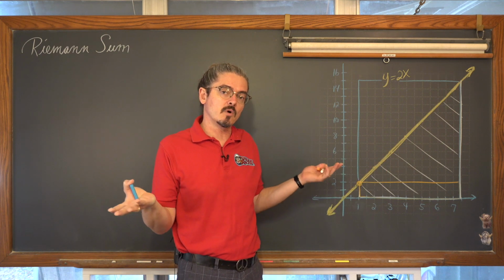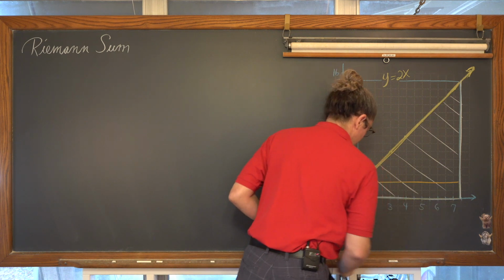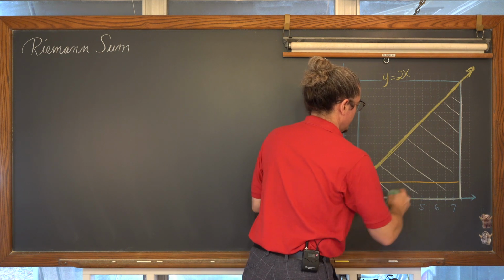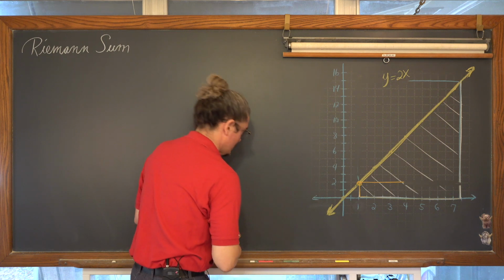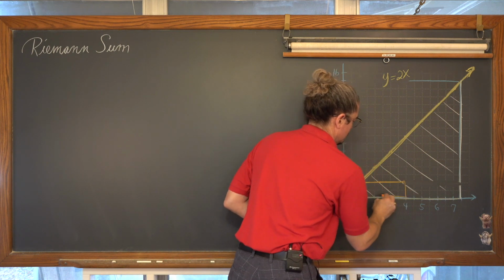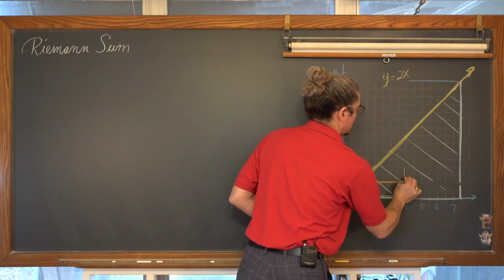So maybe instead of using one rectangle, we use two. The distance between 1 and 7 is 6, and if we divide 6 by 2, we get a distance of 3. So maybe we go from 1 to 4 and make a rectangle, and then from 4 to 7 and make another rectangle.